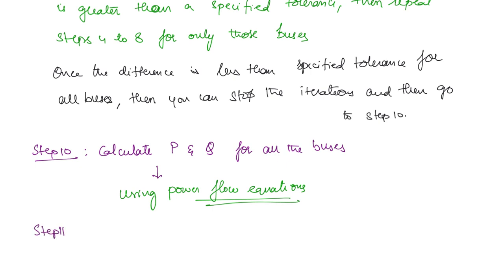Finally, one last step you have, which is to calculate the injected current. This is the current flow from bus i into the transmission line connected between buses i and j. So let us say transmission line ij.